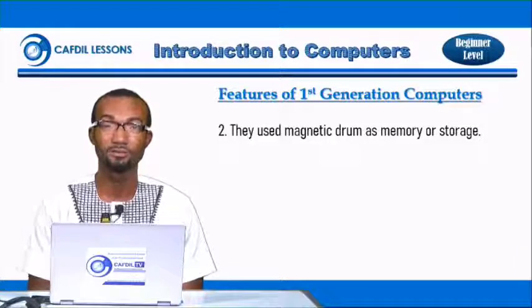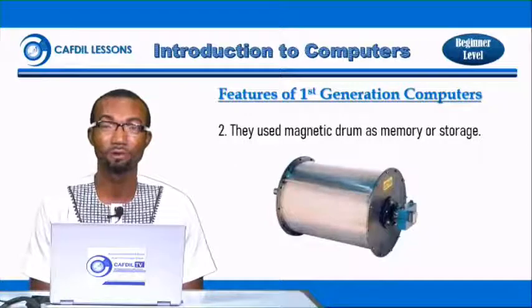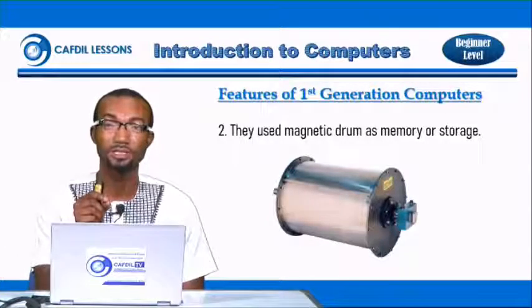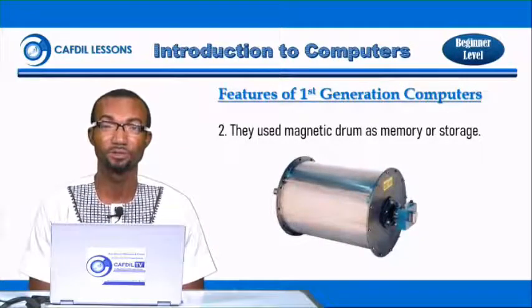And in the first generation, those computers used magnetic drum as memory or storage. And on your screen, this is how the magnetic drum looked like. So this was the storage media or the memory for first generation computers.